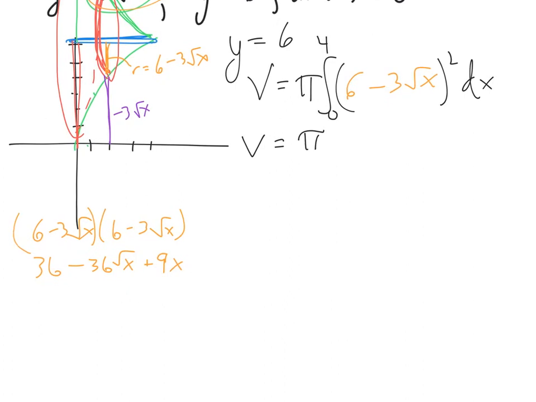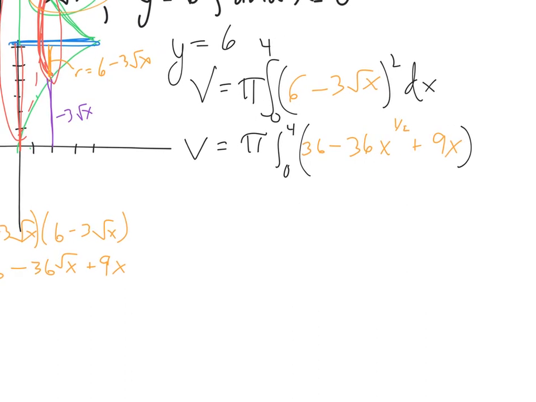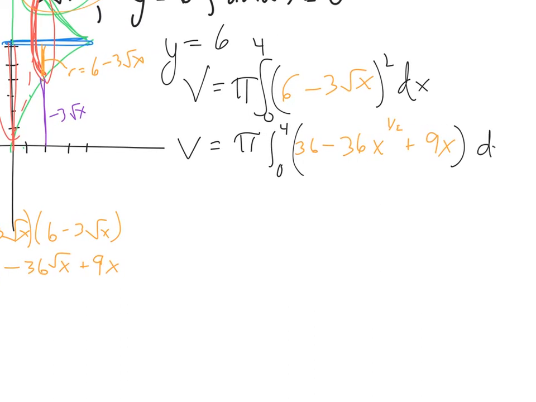I'm going to have integral from 0 to 4 of 36 minus 36 radical x, but I'm going to write that as 36x to the 1/2, setting up to integrate, plus 9x, integrating with respect to x.